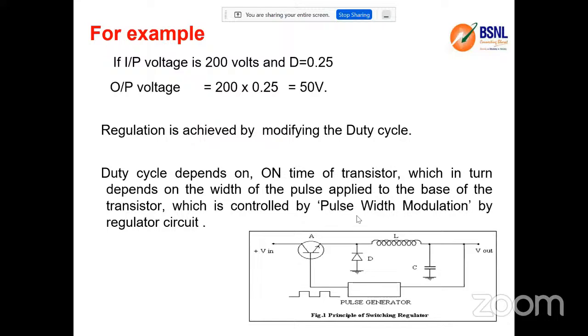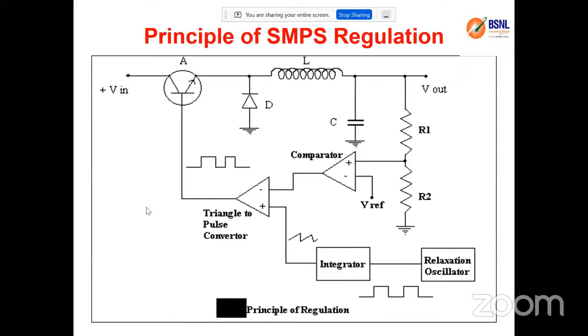To change the pulse, we have to get the references from the output of the SMPS module. So this is about the reference model.